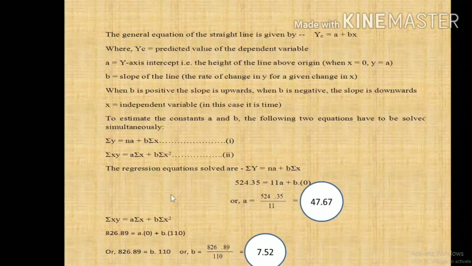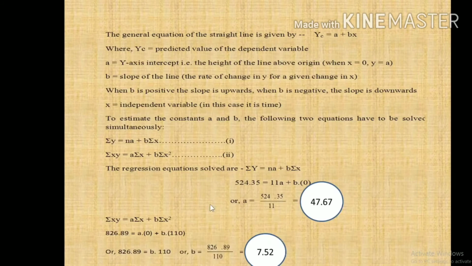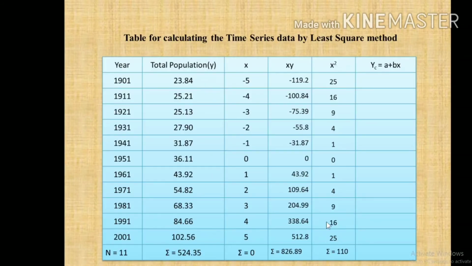It gives the result of a, that is 47.67. By applying the value of a in equation number 2, that is summation xy equals a summation x plus b summation x square, you see summation xy is 826.89, equals a into summation x, the value of summation x is 0, plus b into summation x square, the value of summation x square equals 110.